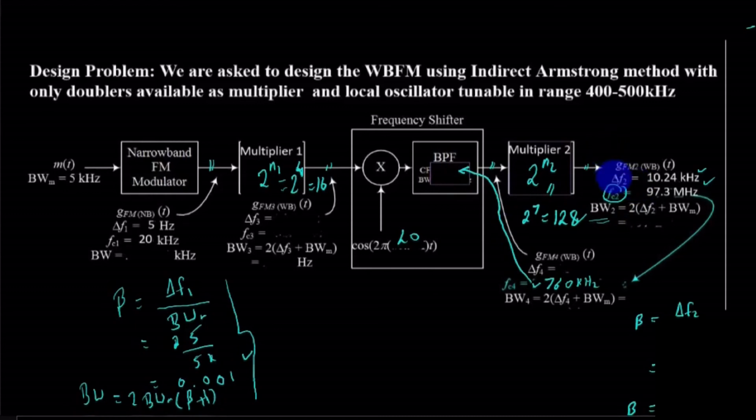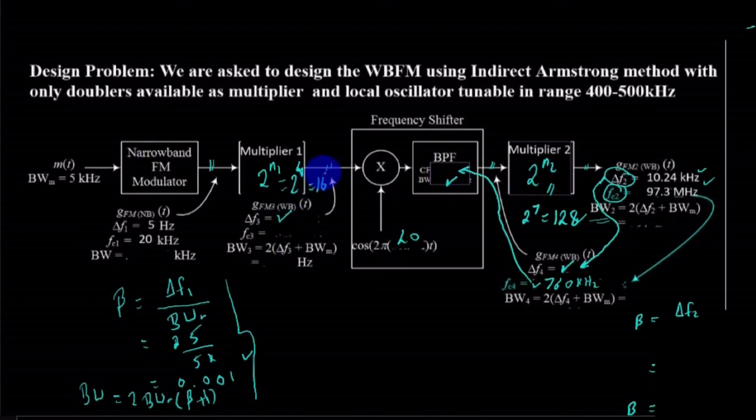Also, if you divide this by 128, this is going to give you delta f4, and whatever that value is, that would be appearing over here. And also at fc3, these three values would be same.